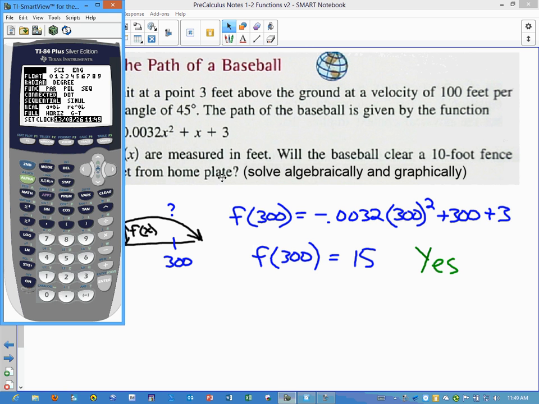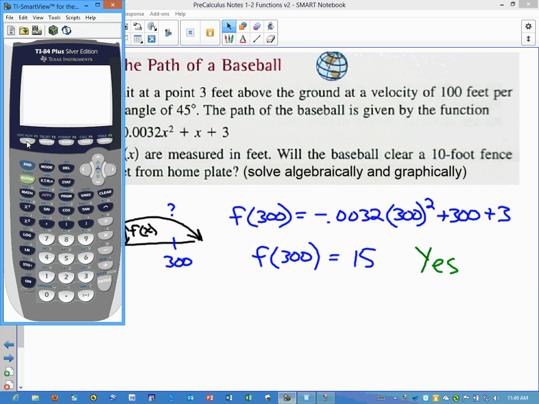Now for this particular problem, we want to make sure we are in function mode. And basically we want everything on the left to be checked. Don't worry about the clock, just everything else on the left should be checked. And if we're in the proper mode, that's good. Second quit brings you to your home screen if you want. But what we really want is to graph this equation, or actually this equation here with the x's.